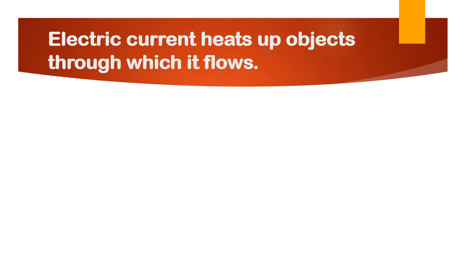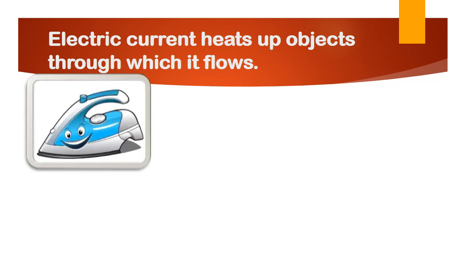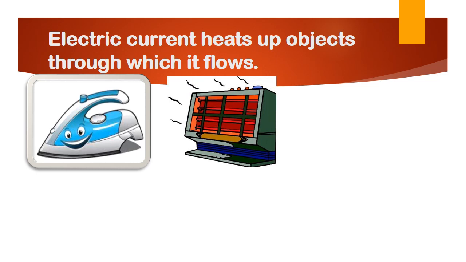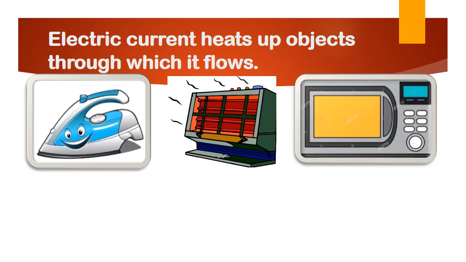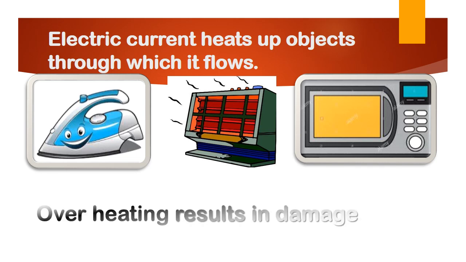One of the important facts about electricity is that electric current heats up objects through which it flows. Electric iron, electric heater, and microwave oven are some of the appliances that make use of this fact. But if these appliances are overheated, then they may get damaged or even catch fire.